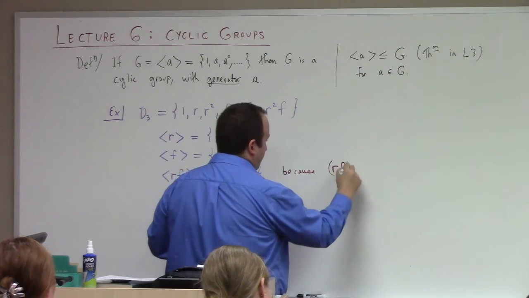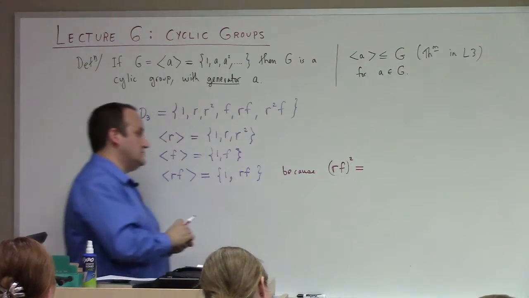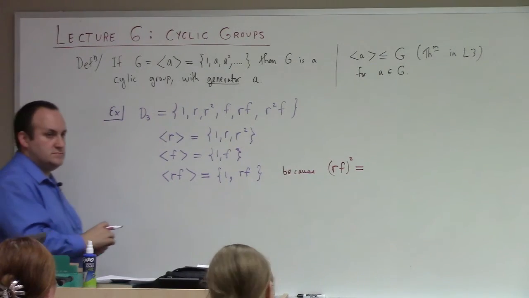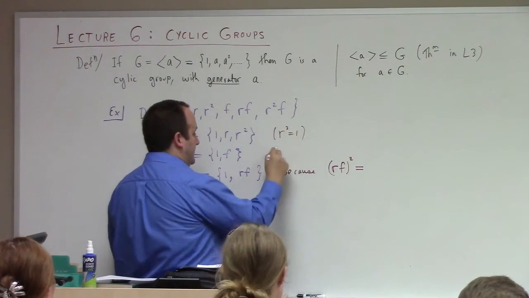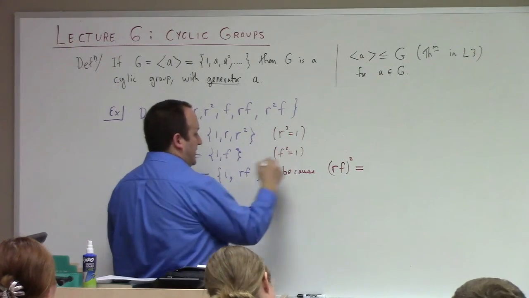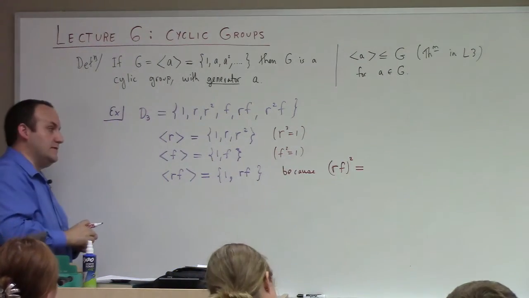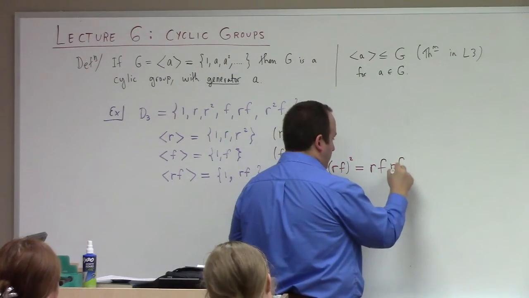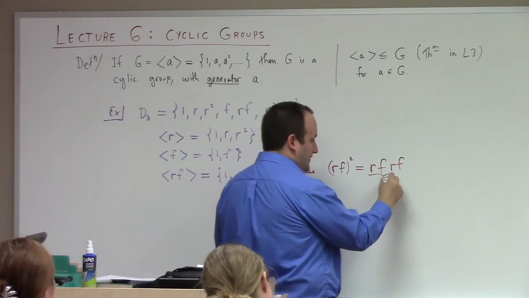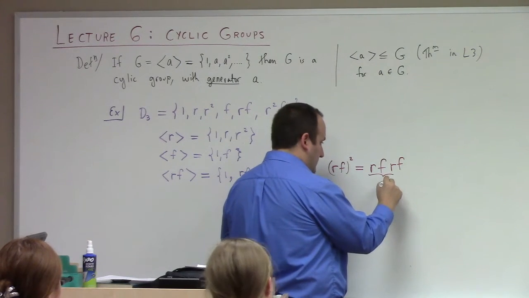What happens if we look at rf squared? What's that equal to? To be clear, this is because r cubed is equal to 1 in this context, and f squared is equal to 1, so that's where it loops back. One of the identities is that this is r inverse.